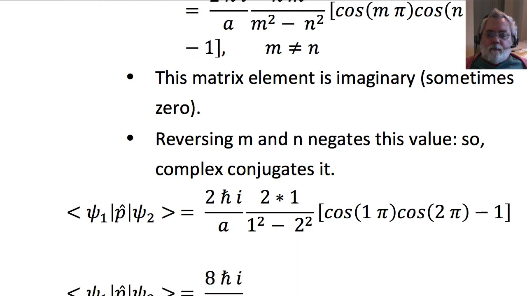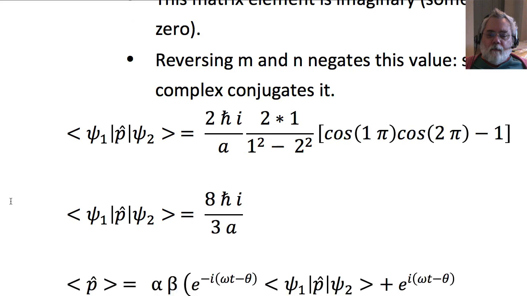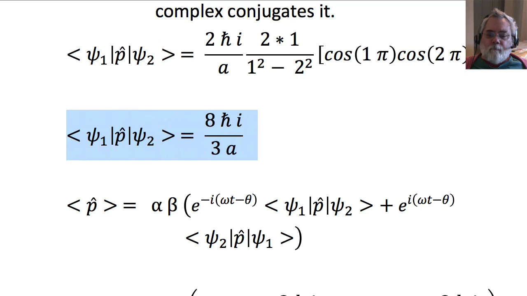Now we're interested in the case of the matrix element 1, 2 and the matrix element 2, 1. Here's the matrix element 1, 2. 2, 1 is the complex conjugate of it.